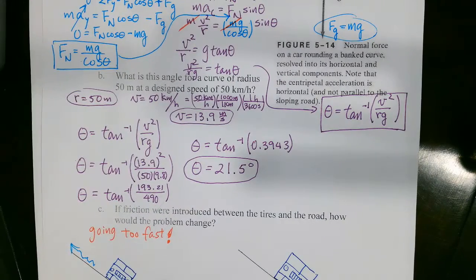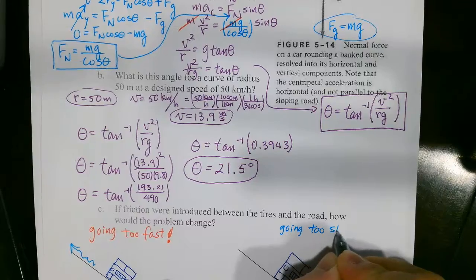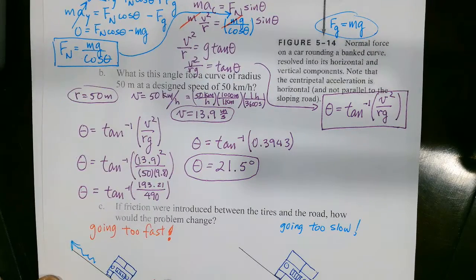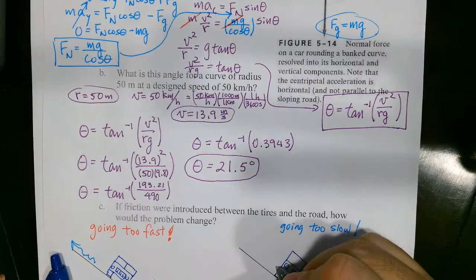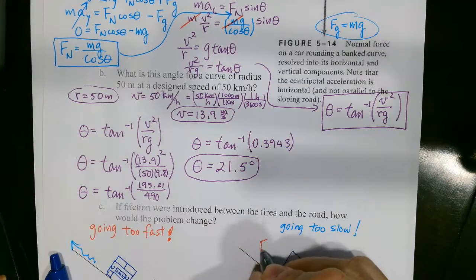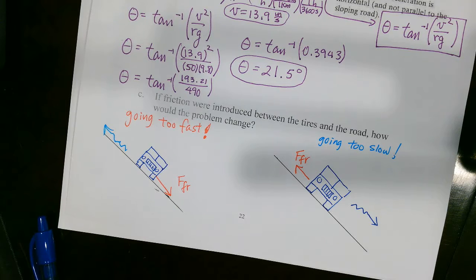If it's going too slow, it's going to want to go in this direction. Therefore, the friction has to act up the embankment in order to prevent it from sliding down the embankment. Okay? So that is what's going on.